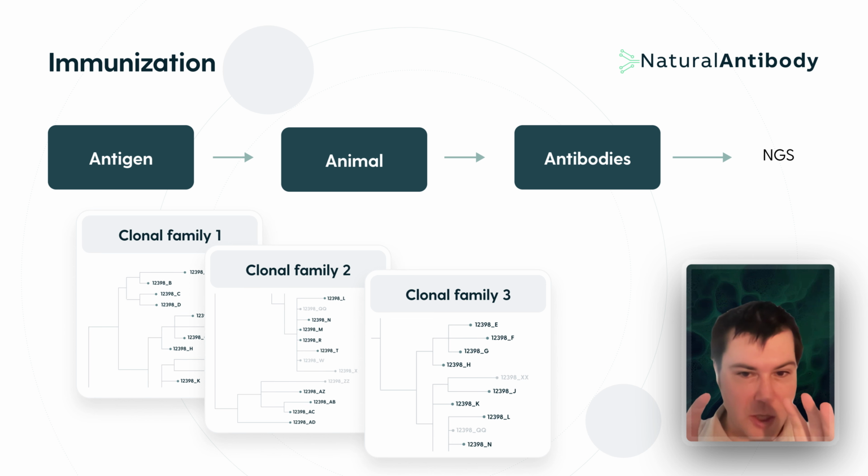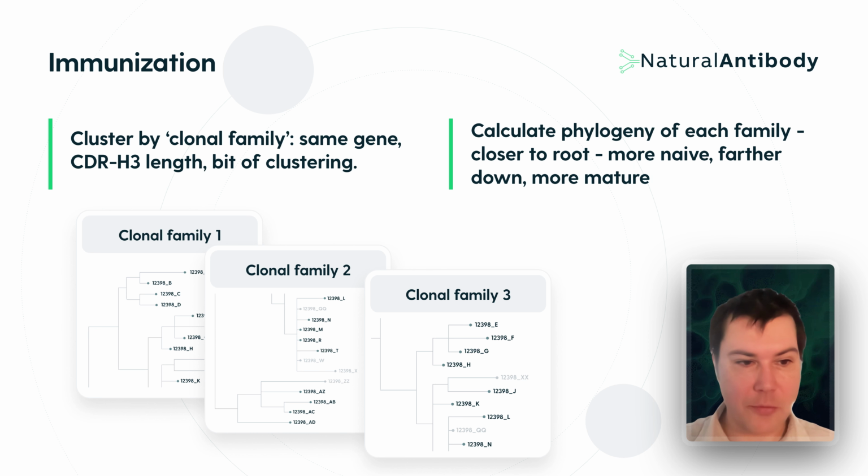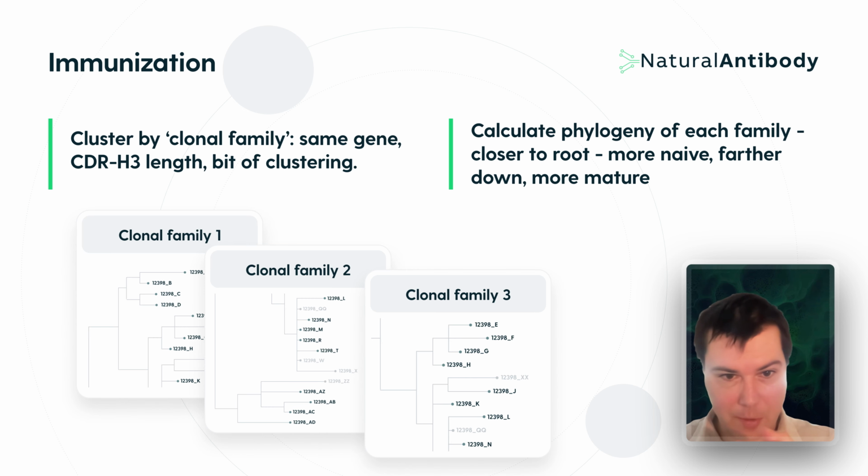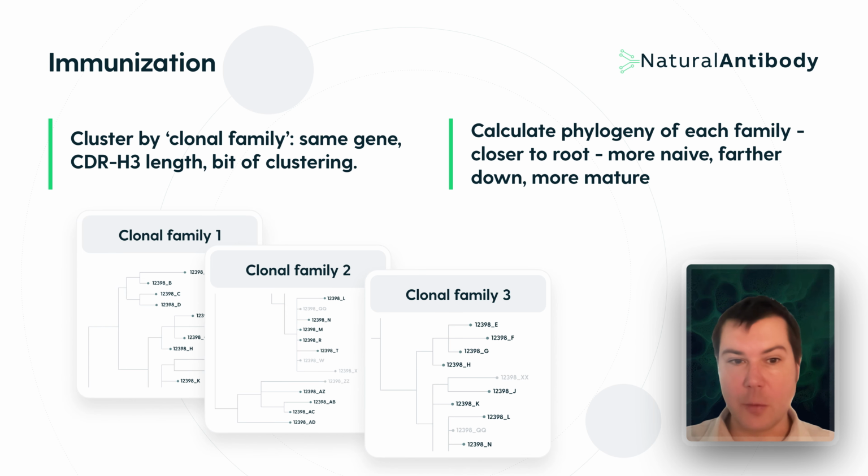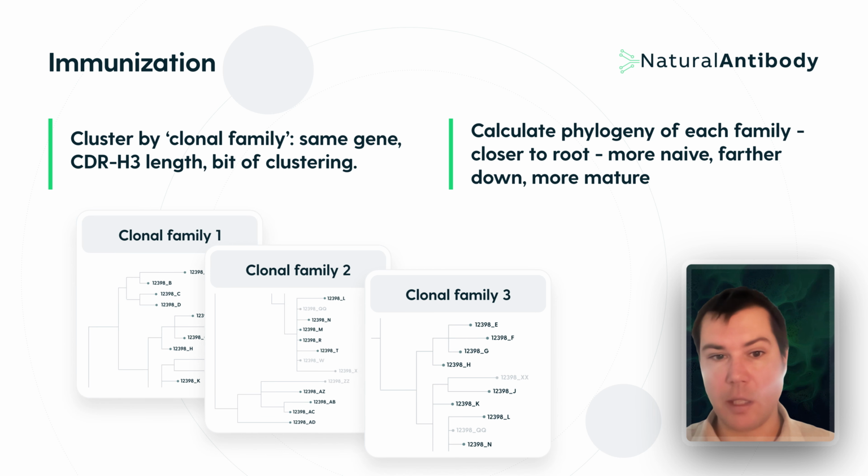So here, what you want to capture from clustering is the so-called clonal family. It can be defined in various ways, but one of the most typical ones is that it needs to have the same gene and the same CDRH3 length, and then you are allowing certain leeway in your CDRH3 identity. So for instance, 80, 90, 95%.